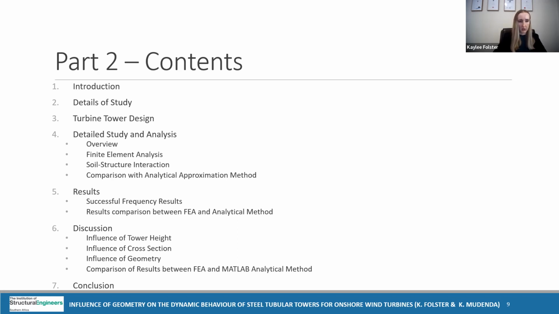There were two main components of the analysis, the first being a finite element analysis, and the second being an analytical approximation method. Then we'll have a look at the results and findings, followed by a brief discussion of the various factors that influence the tower natural frequency, and then finally concluding.